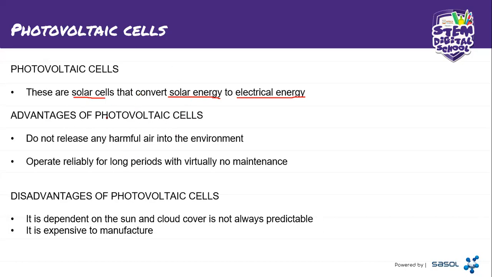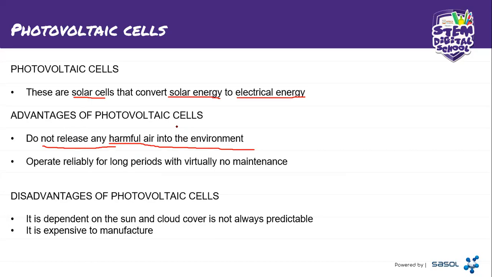Now, what are the advantages of these photovoltaic cells? Now, the mere fact that they simply convert solar energy to electrical energy tells us that there is no harmful air released into the environment. They do not release any harmful air into the environment.